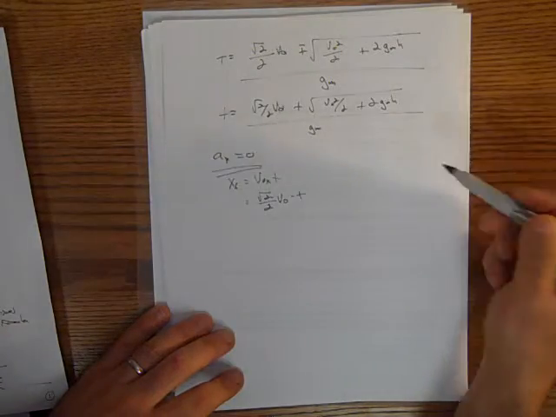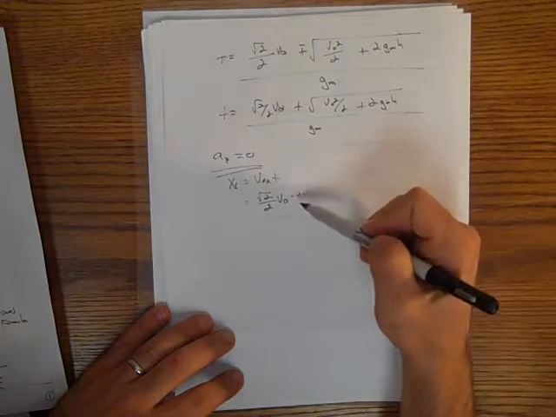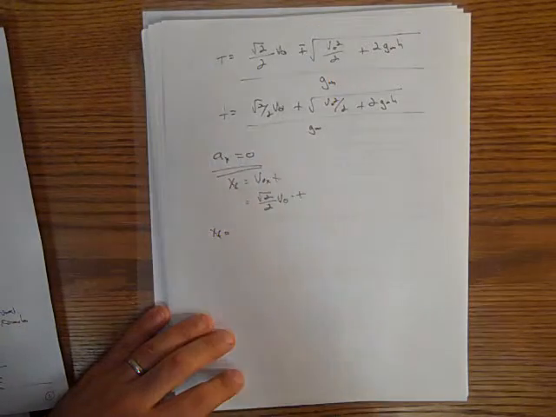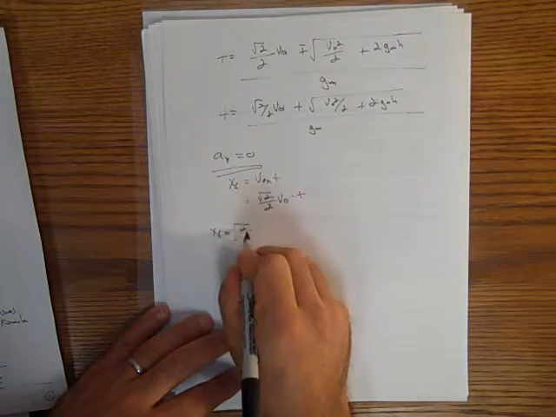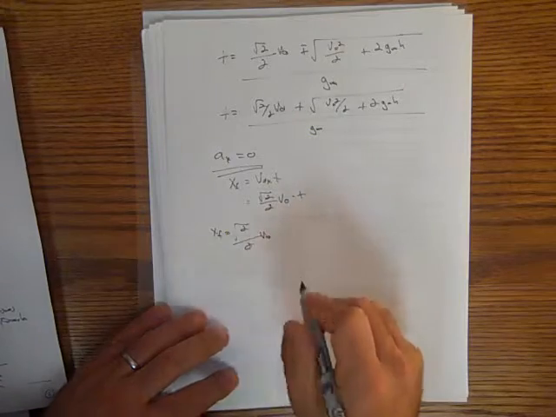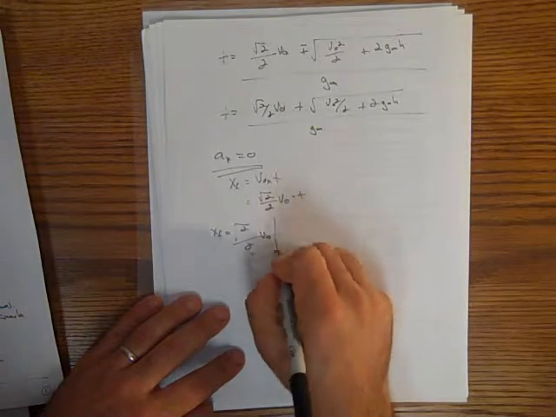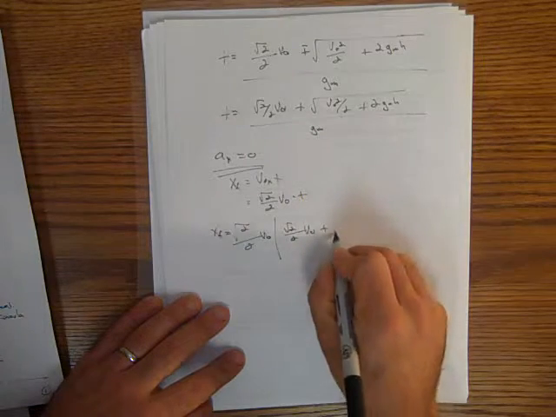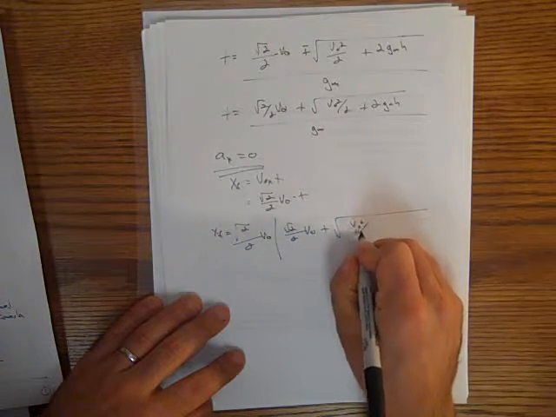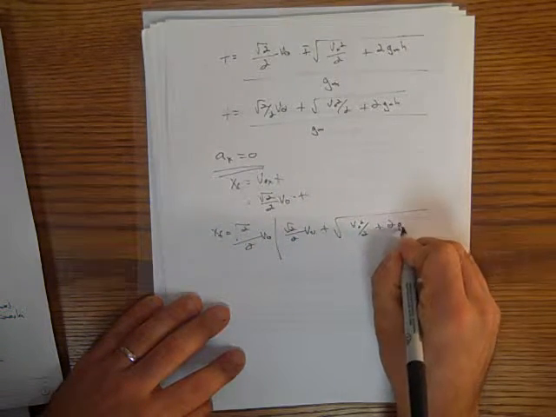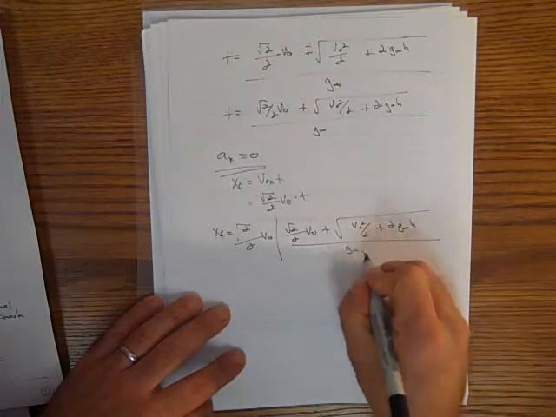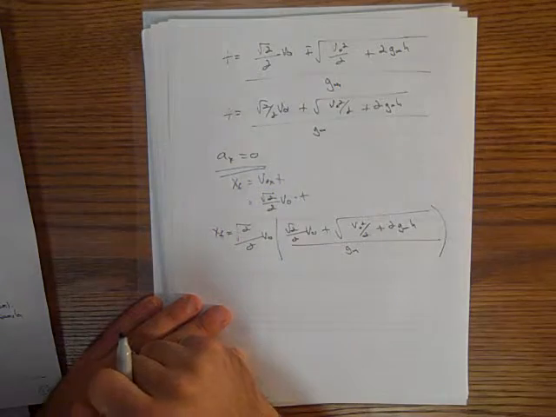When I plug the time in here, it's not going to be that enlightening, but we get root 2 over 2 v0 times this whole thing: root 2 over 2 v0 plus the square root of v0 squared over 2 plus 2 gm h, all divided by gm, close parentheses.